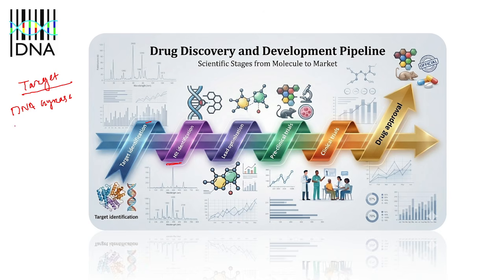Hit identification means that for this bacterial target, we search for drug molecules having a similar effect compared to the marketed drugs. We screen, meaning we find different drugs so that we can optimize to a lead compound.